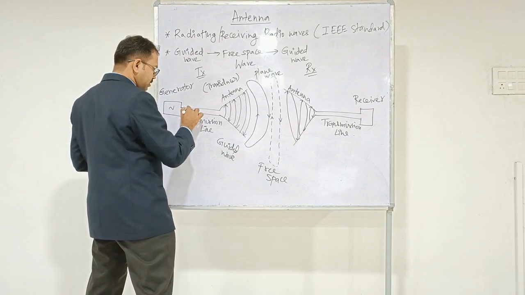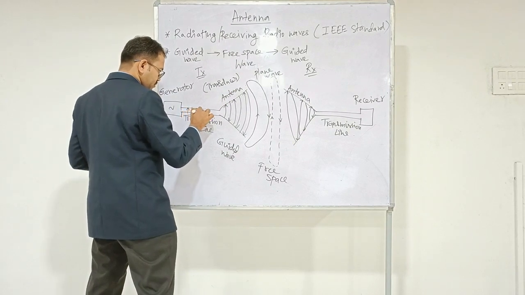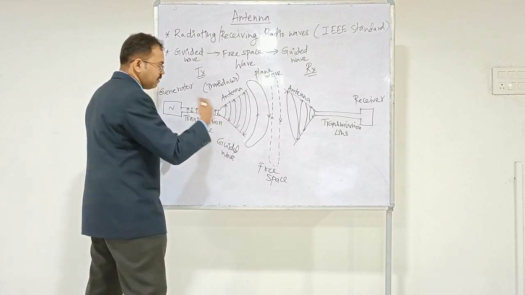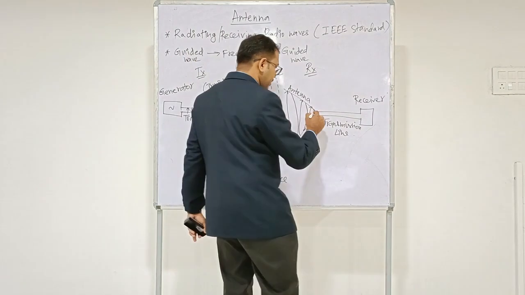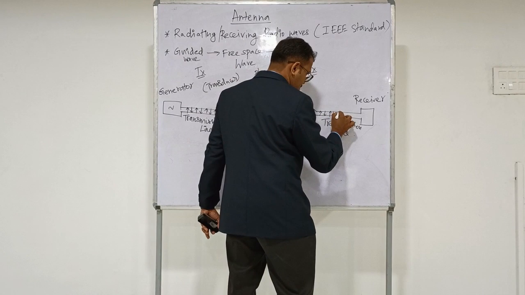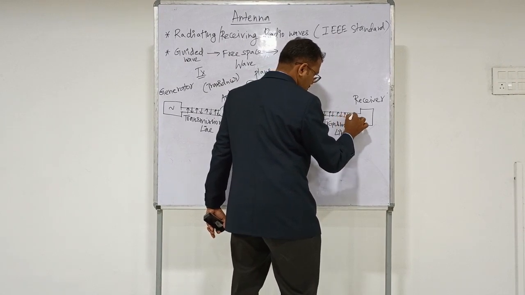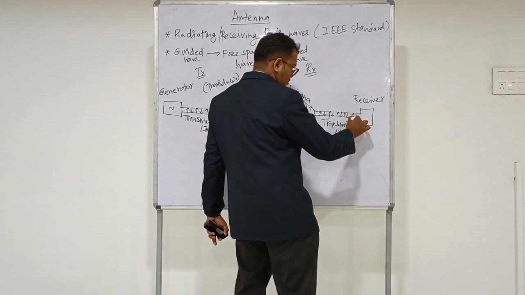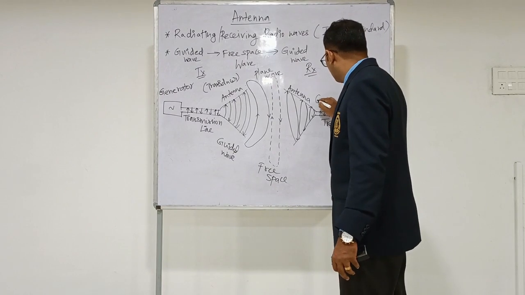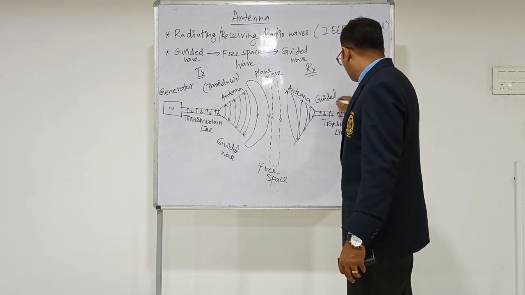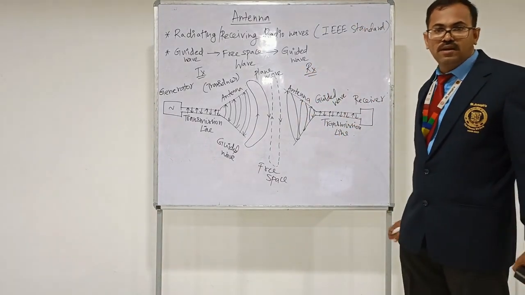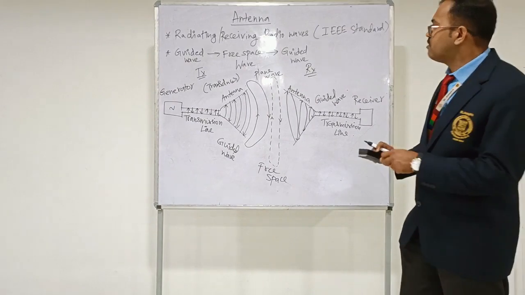Here the guided wave becomes a free space wave, and the same thing applies here. So this is the fundamental idea behind antennas, and now let me move on to the basic radiation equation.